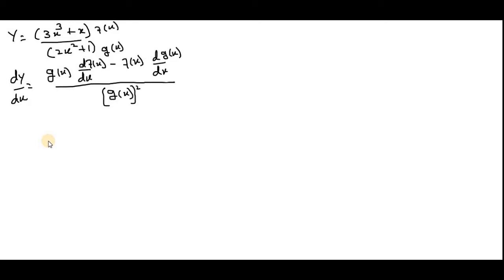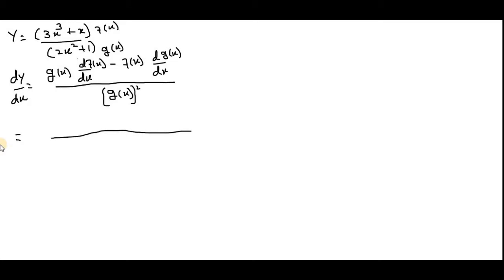Y is equal to 3x cube plus x divided by 2x square plus 1. Here 3x cube plus x is f of x and 2x square plus 1 is g of x. Now using the formula g of x, derivative of first function, minus f of x as it is, and derivative of second function divided by square of second function, which is g of x.